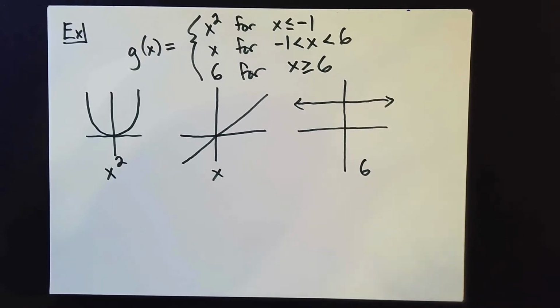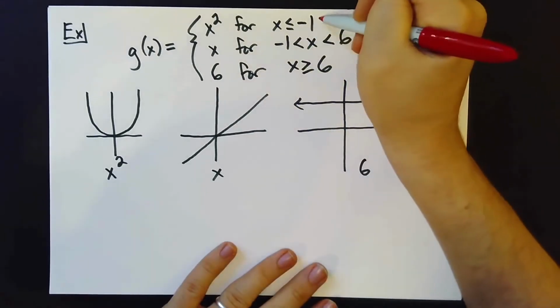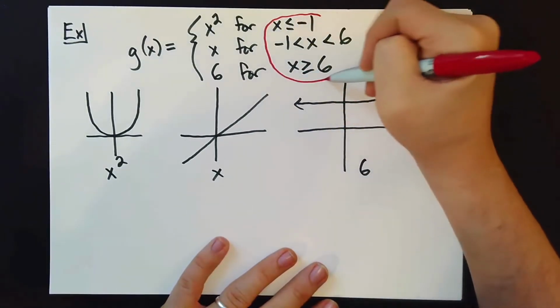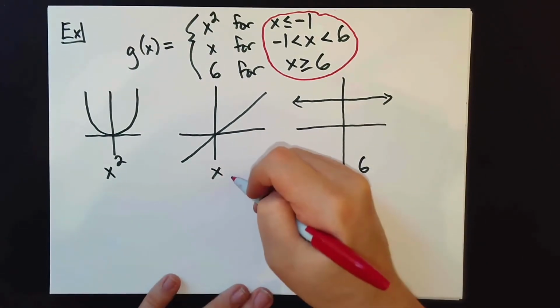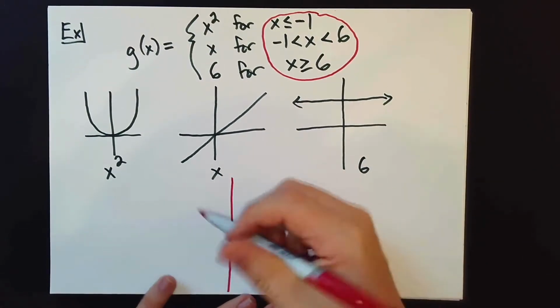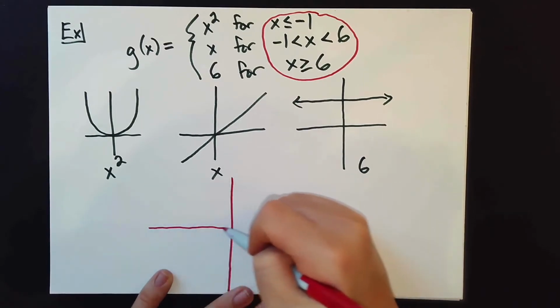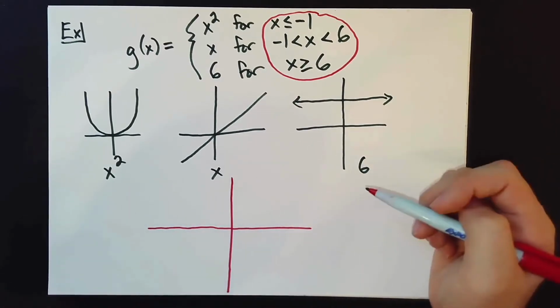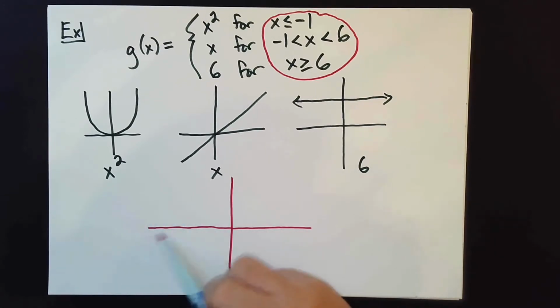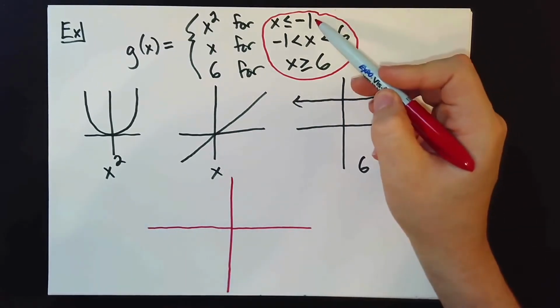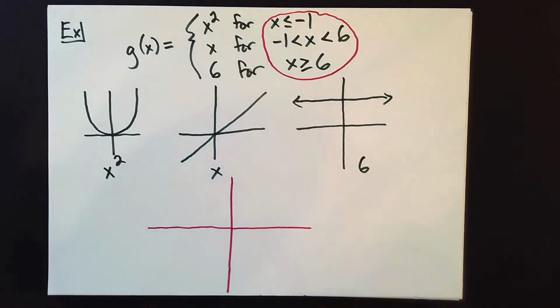And the answer is basically that I need to look at this list of rules over here that tell me which graph to use. So when I sit down to try and sketch a graph of this, I maybe start over here on the left. And over on the left, the first line tells me I'm going to use the graph of x squared.